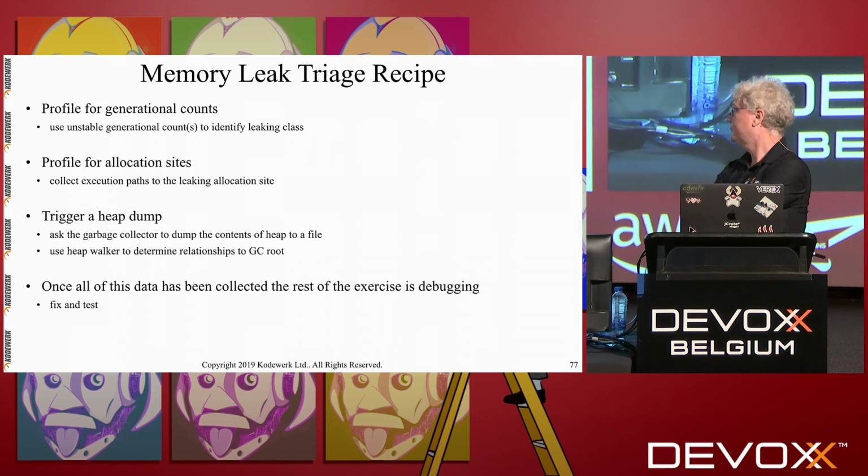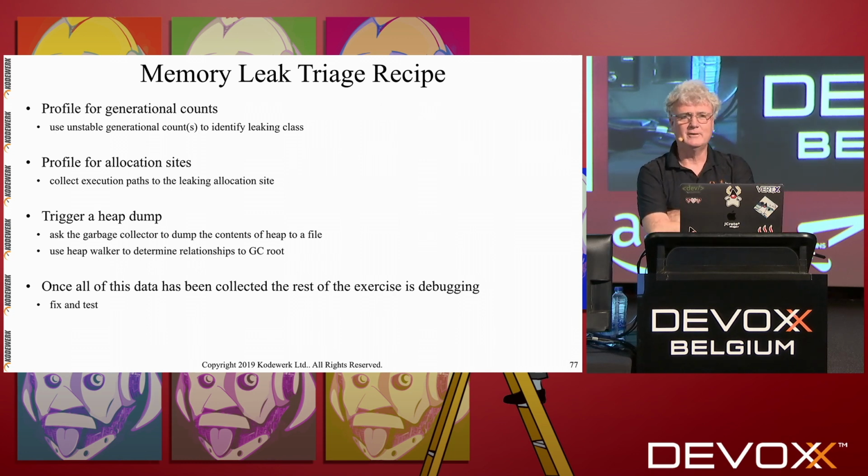So now we can get into a recipe for triaging memory leaks. All we need to do is profile for generational counts and just sort by generational count. That's it. It's as simple as that. Once we've figured out what we're looking for from the generational count, then we can profile for the allocation site that's responsible for creating that thing, trigger a heap dump.